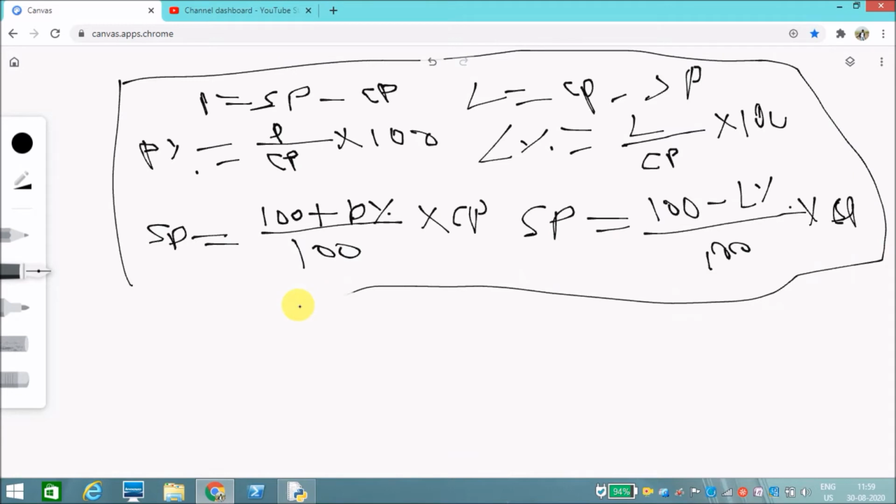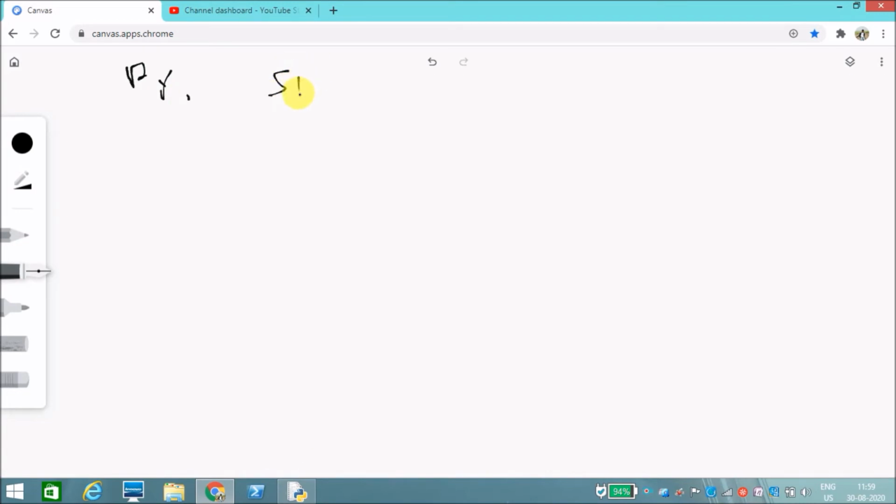Okay, now next is the next scenario. For example, they will give you the profit percentage and the selling price, and they'll ask you to find the cost price.